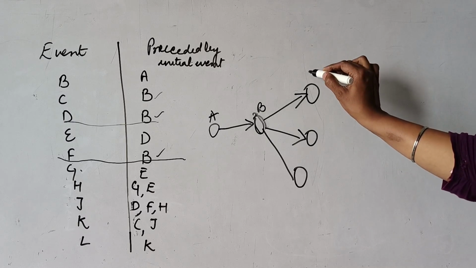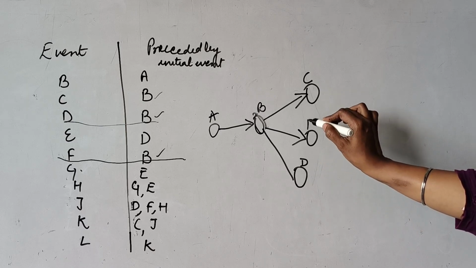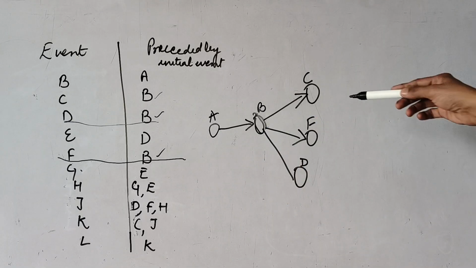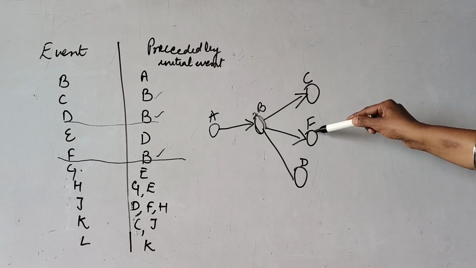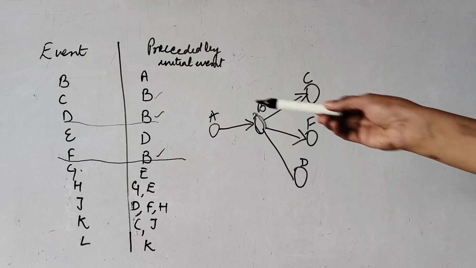So I am naming it as C, D and F. Only their location I have changed because I know I have to make this point. G and E have to combine at one point. So I have kept D here, F in the middle, because D, F and H will also be required in the future. So this is done.